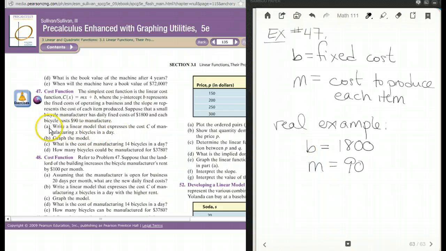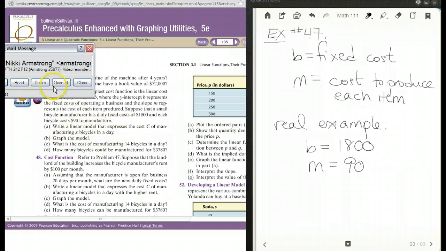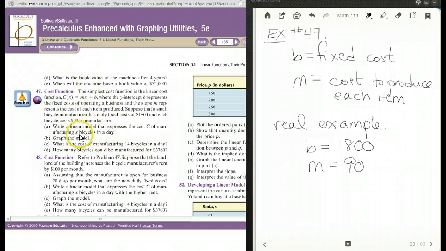So in part A, when it says write a linear model expressing the cost C of manufacturing x bicycles a day, I'm going to make use of function notation. So I'm going to handle part A. C of x, where the input is the number of bicycles, because we're told x bicycles in a day.